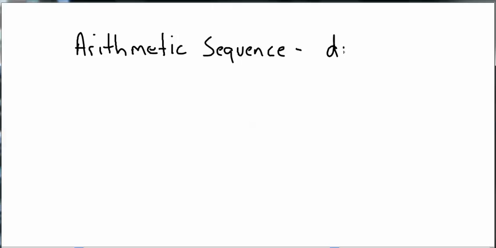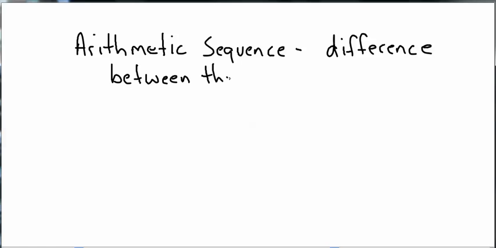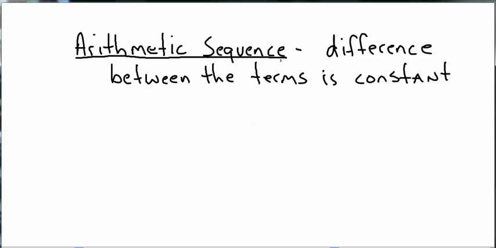So we can say the difference between the terms is constant. So the ones that we just did were arithmetic sequences? Basically, an arithmetic sequence is when you're adding or subtracting the same thing all the time.